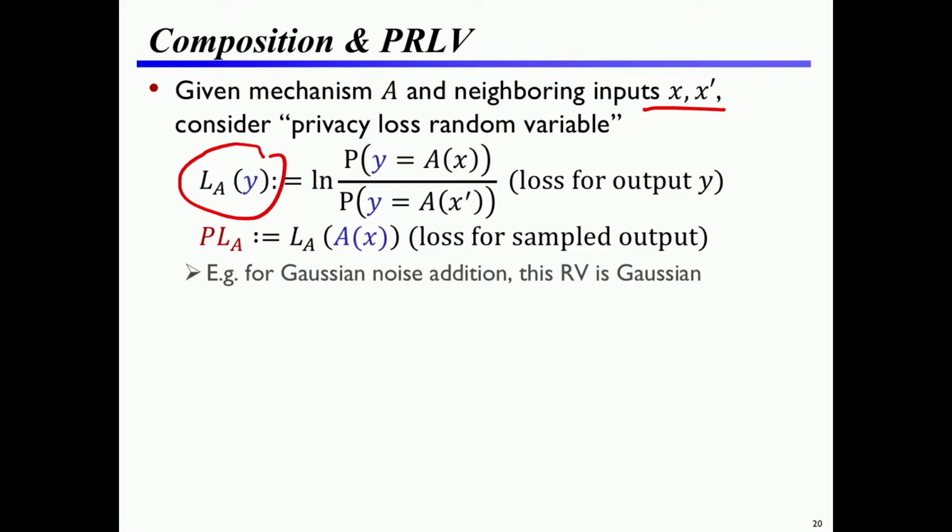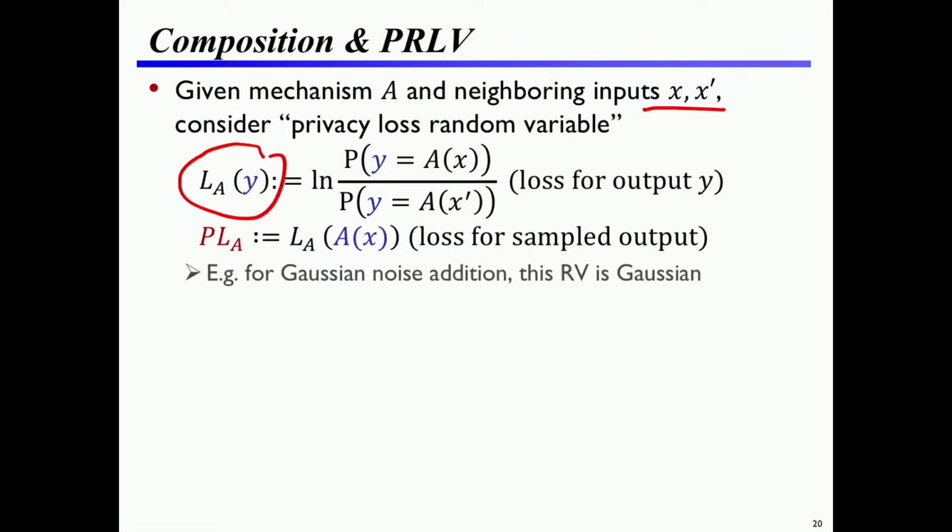This log odds ratio measures how much my belief that the true data set was x increases when I see this output y. So let's say a priori x and x prime are equally likely, then this is really a Bayes factor.